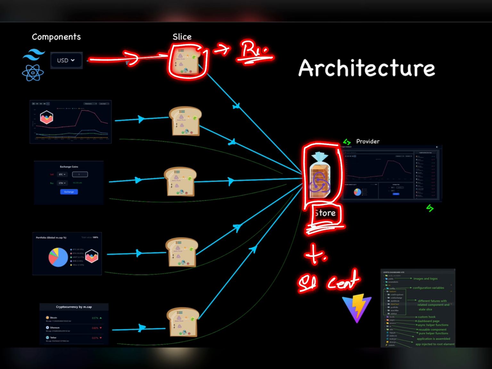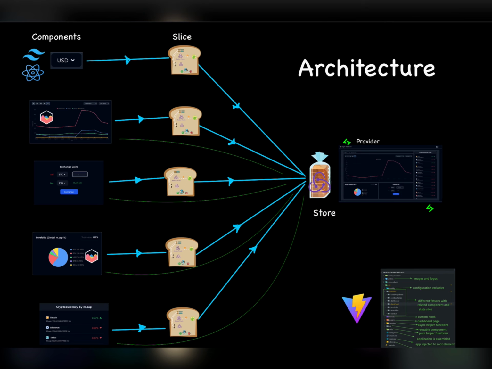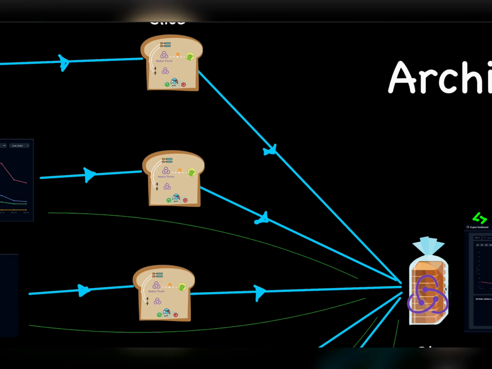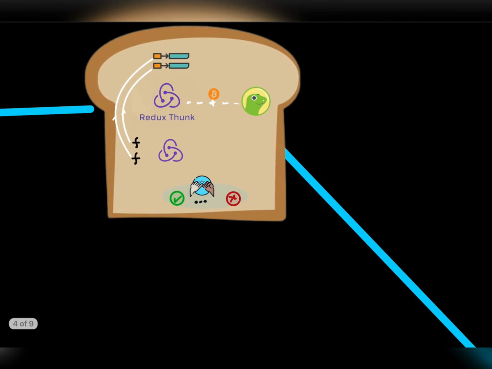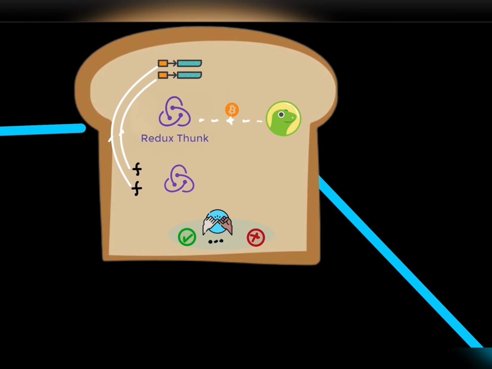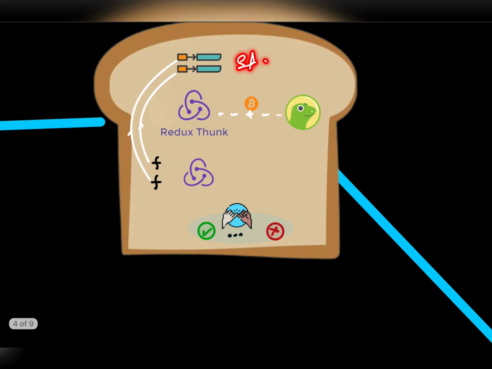And at the app level we have the store, which will be helpful in managing all the states at the central level. If we zoom into our Redux slice, we can see there are some things going on in there. First one is the state variables, which will be helpful in holding the data about the user interactions and also about some application data.